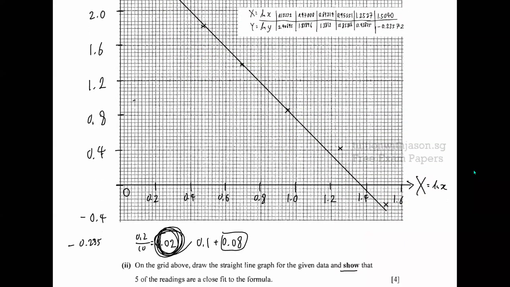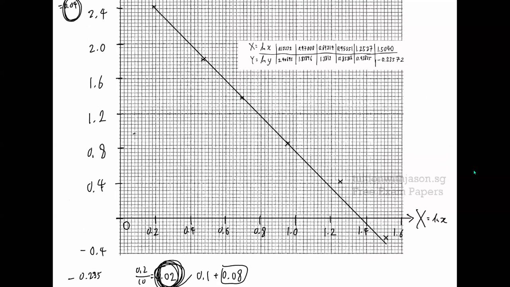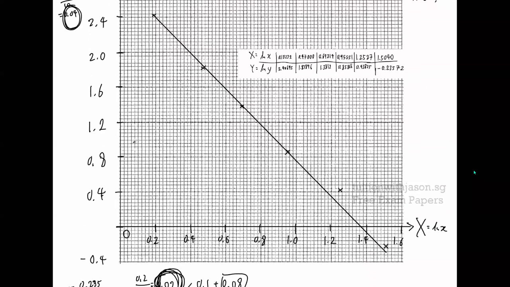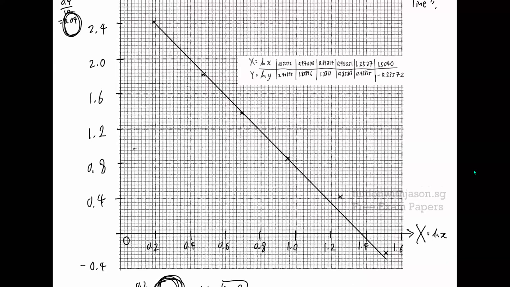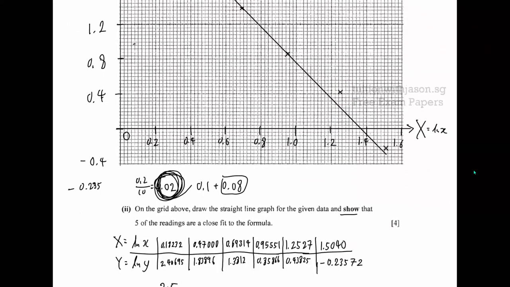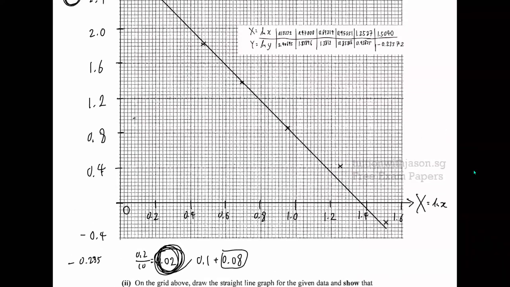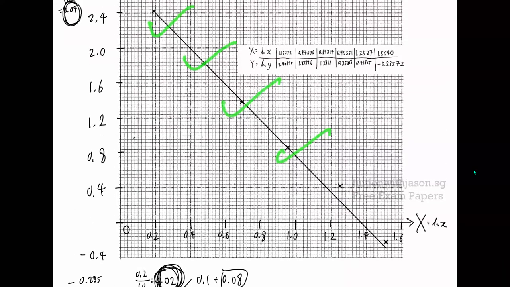Okay, at this stage, you realize that most of the points are very close except for one particular point. Can you tell which point is a bit far away? The second last one. So now we can answer the question. On the grid above, draw the straight line graph for the given data and show that 5 of the readings are close fit. So 1, 2, 3, 4, and 5.